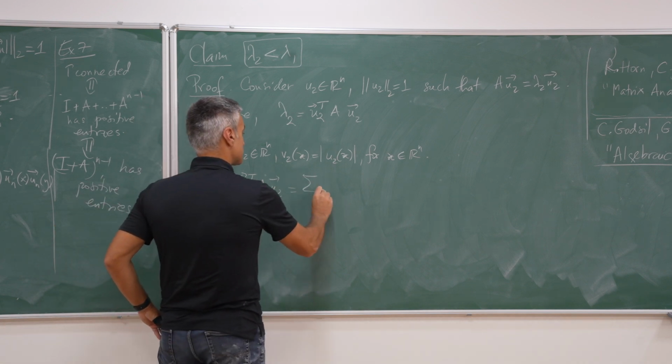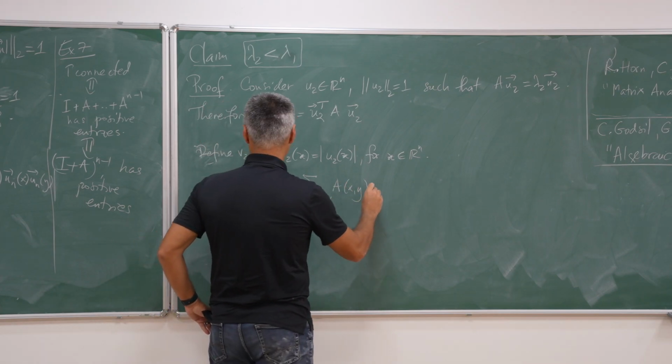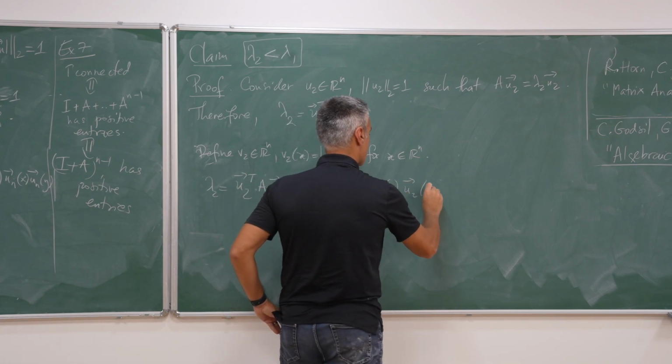Now this is going to be the sum over all x,y in V of a_xy u2(x) u2(y).